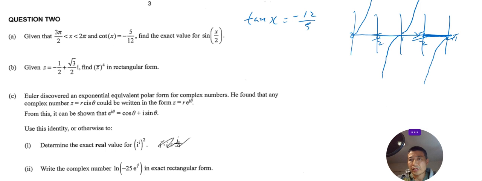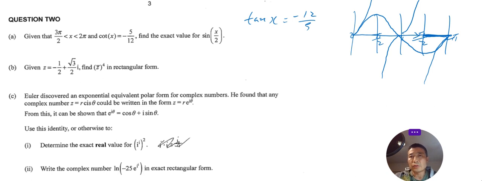Now, sine goes that way, so x is in between this. So I assume it would be a negative value. We will see.